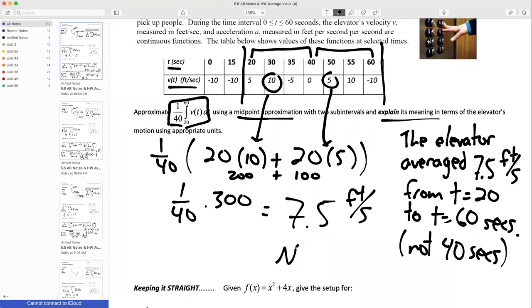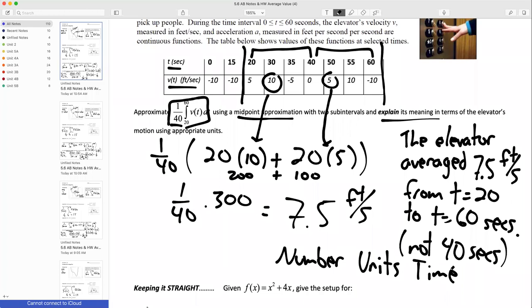You need the number 7.5. You need the units, feet per second. And you need the time from this to this. Number, units, time.